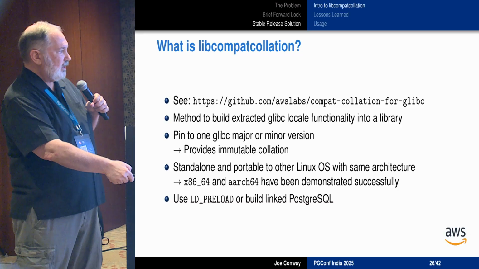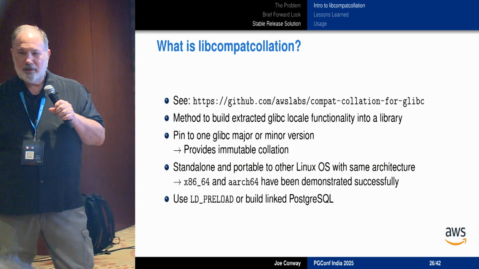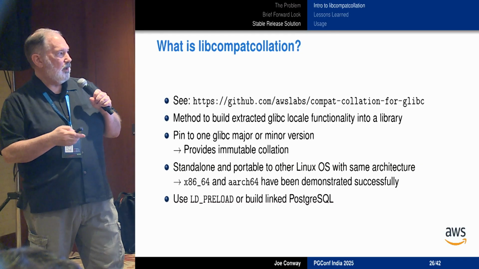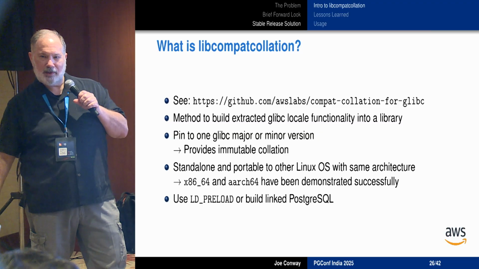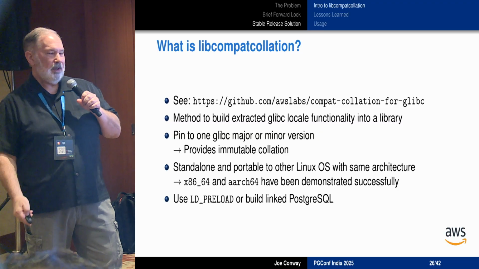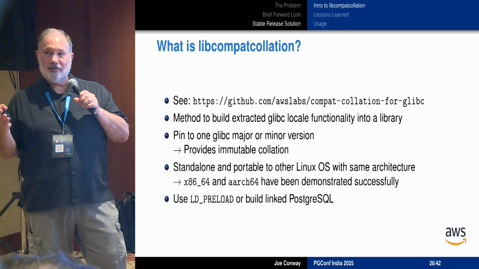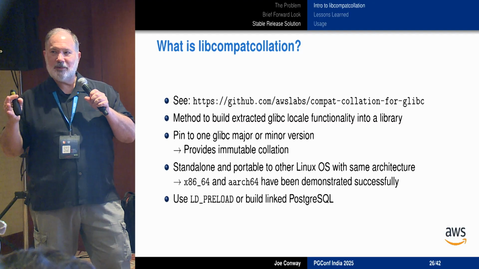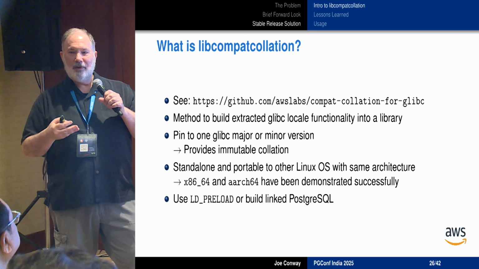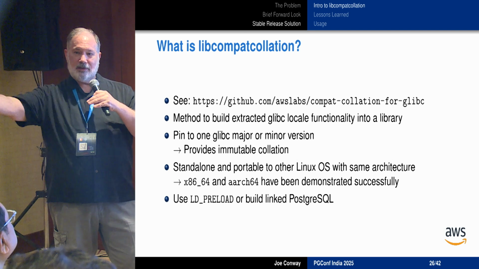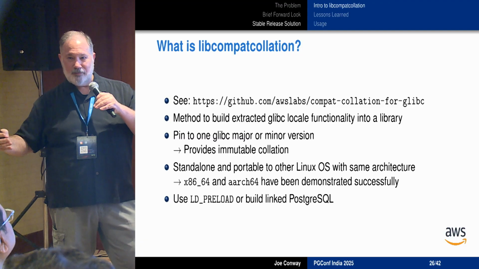Now, I said you'd build Postgres linked to it. You could also use LD_PRELOAD to preload the library. I'll go into that in a couple of slides. There's one special thing you have to change if you want to replicate all this and you want to preload, and that comes down to version symbols in Linux. Anyone here familiar with version symbols? No. Okay, so the basic idea is when you link a program against a shared library, the library has all these function names, and those are symbols.